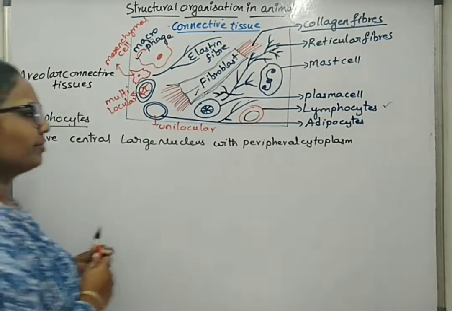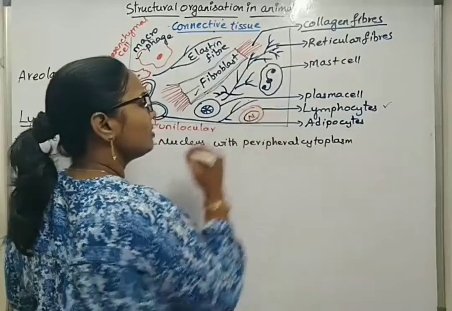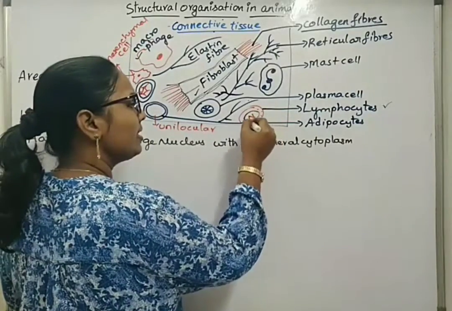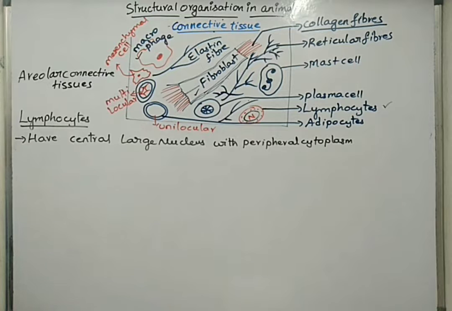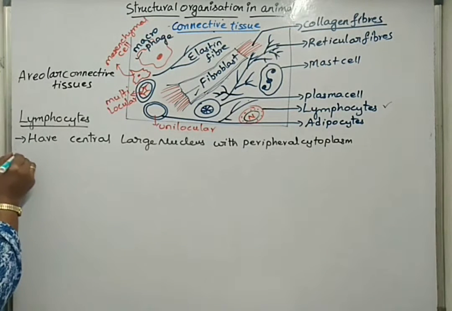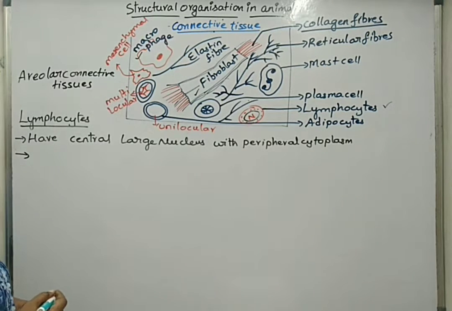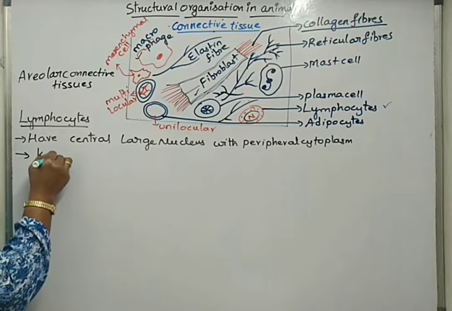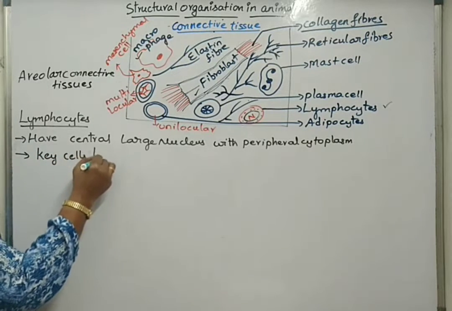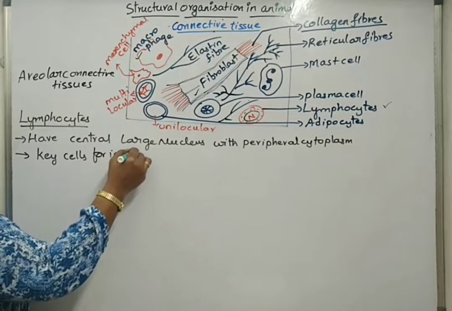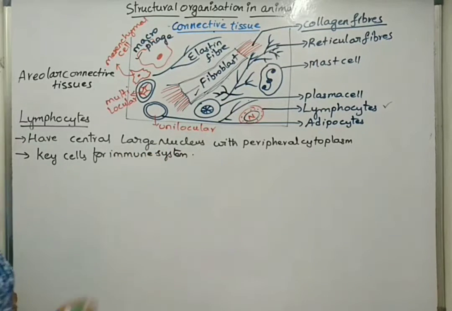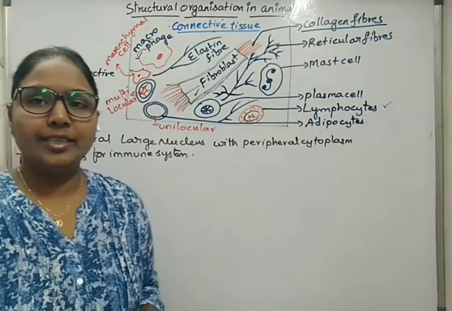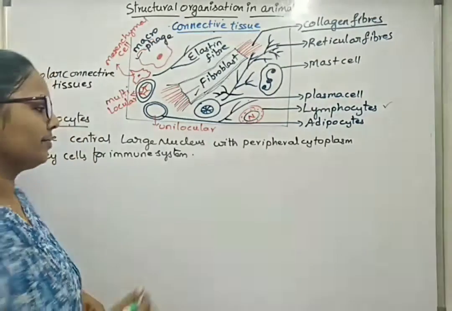So we can say this is nucleus and here it is cytoplasm, peripherally arranged cytoplasm. They are key cells for immune system, and they are involved in producing antibodies.